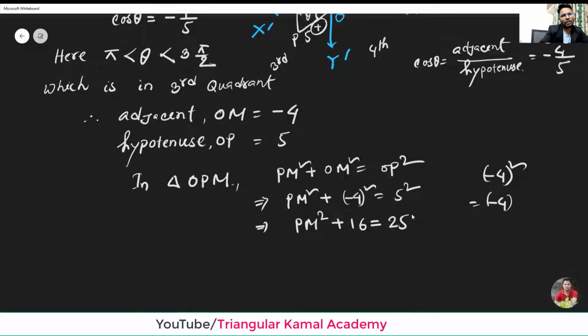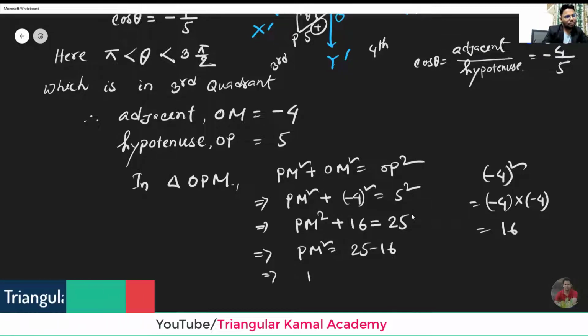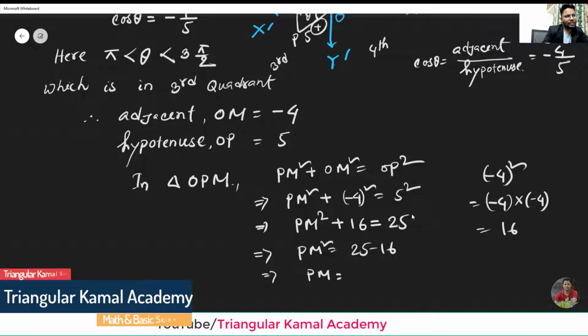Minus 4 multiplied by minus 4, minus times minus is plus, 16. So now if we shift 16 from left to right, PM square is equal to 25 minus 16. Here, after subtracting, there will be 9.